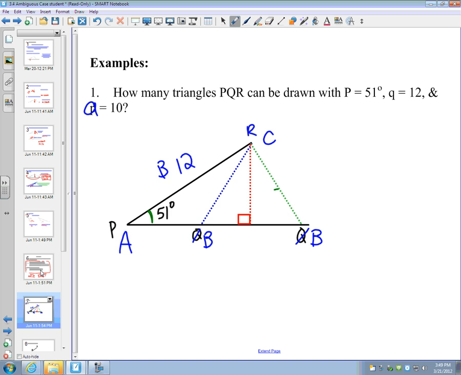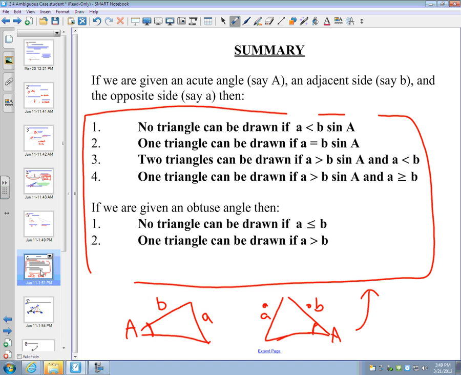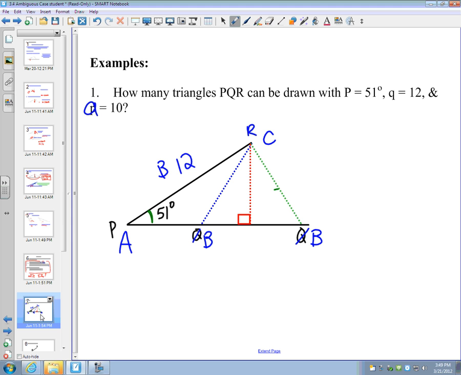So let's look at these cases here. We want to compare length A to B sine A. In this case, we said B was 12, so we're doing B sine A. A was 51.